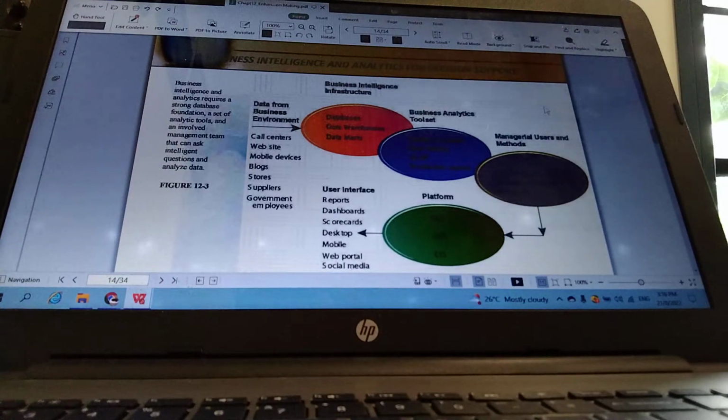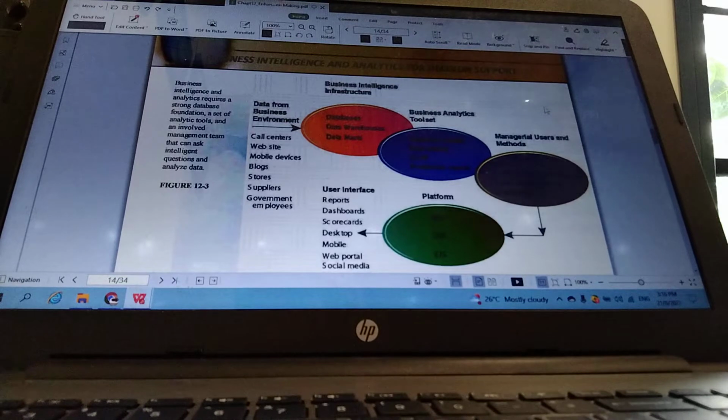Alright, what you see in the next slide is the three main areas that we have just discussed: the business intelligence or BI infrastructure, the BA business analytic tool set, and then the managerial users and methods.